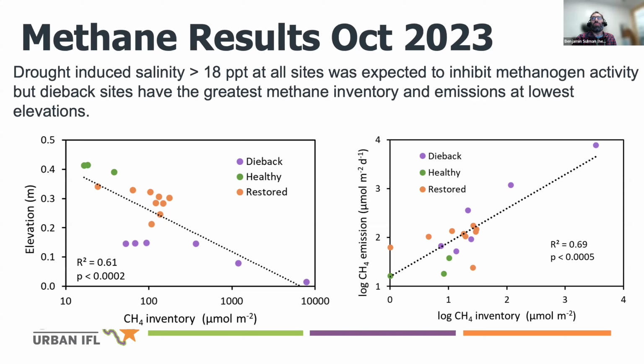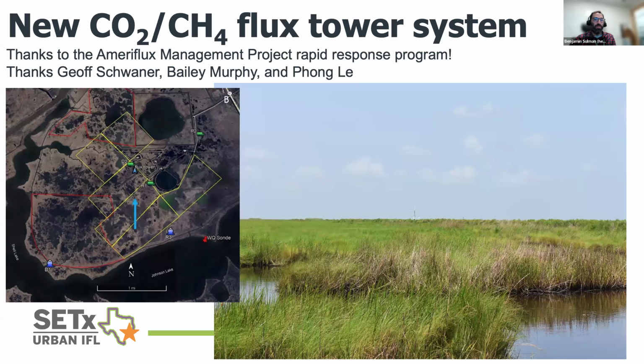So these are individual point measurements at specific points in space and time. And we've been fortunate to have some supplementary funding that we got from DOE last year targeting understanding the health of these areas after potential storm events.